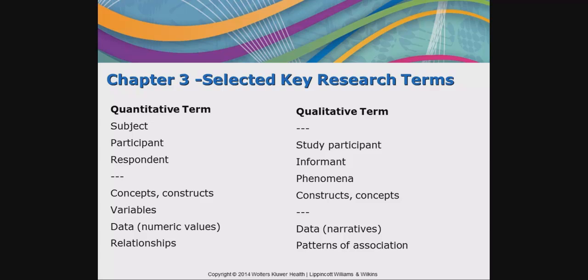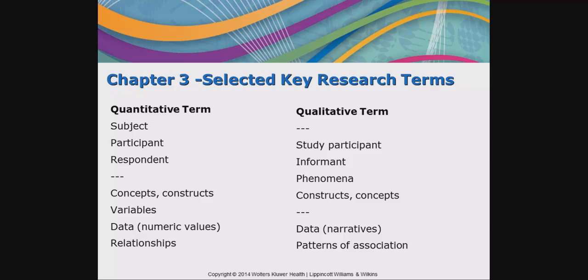But just know that subjects and participants are going to be part of quantitative terminology. An informant, if you see that in a research article you're reading, you can bet your bippy that's going to be a qualitative term. Phenomena is only going to be a qualitative term. You will not see that in a quantitative research study.